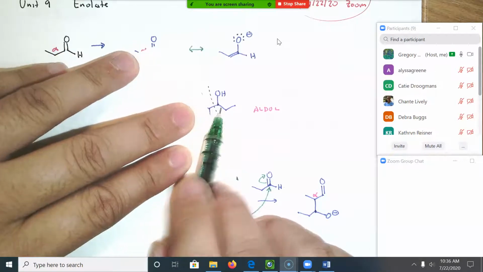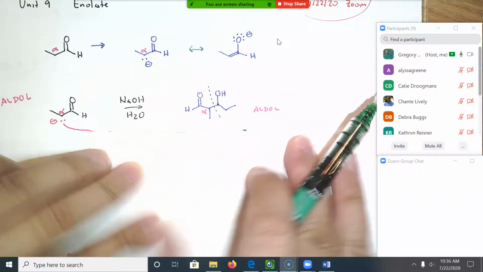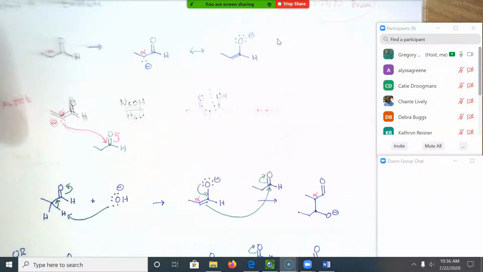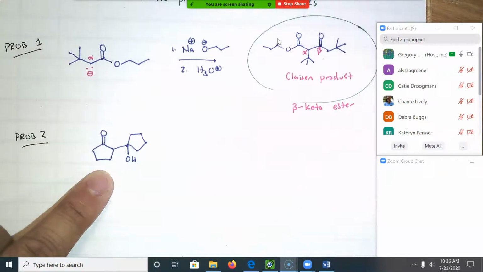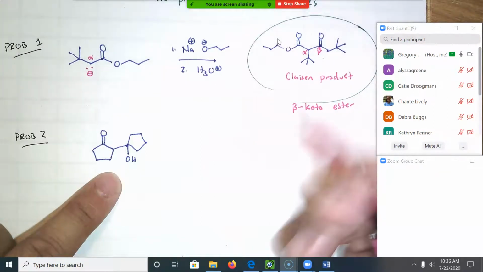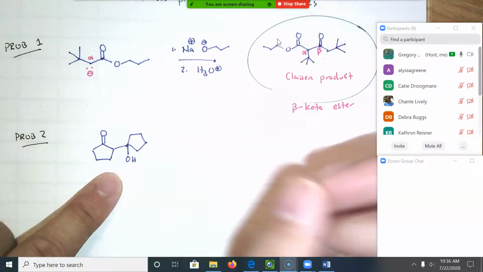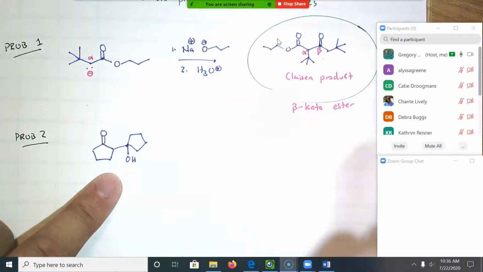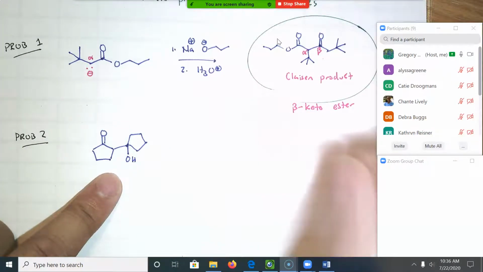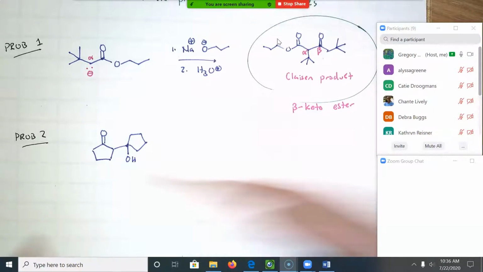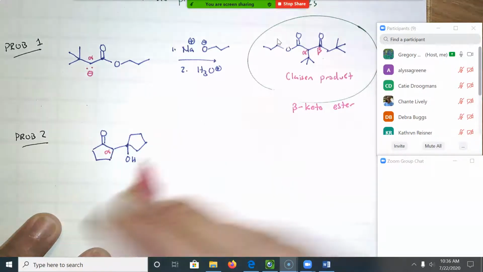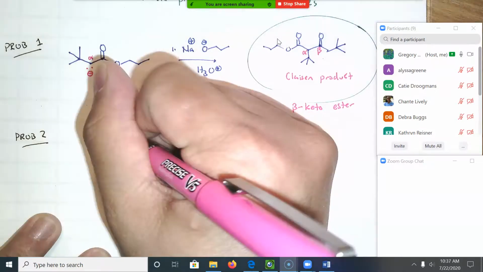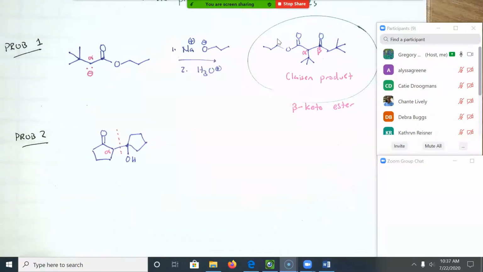But when the attack happened, it became an OH group. Look at that. So my challenge to you is, if you really want to know what bond was made, what do you think was the alpha carbon, and what did that alpha carbon attack? This is your alpha carbon. It attacked that dot. So really, that bond was made.